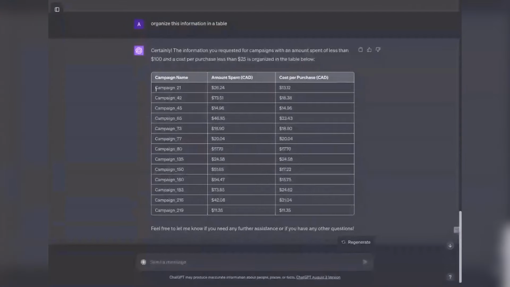Spend is very, very low, but CPAs are looking good. That could tell me to pay a little bit more attention to what's inside these campaigns, especially if a lot of these campaigns are different concepts or different angles or different big ideas and hooks that I'm testing to see if I can find a new way of communicating the selling proposition of a certain product or an offer.